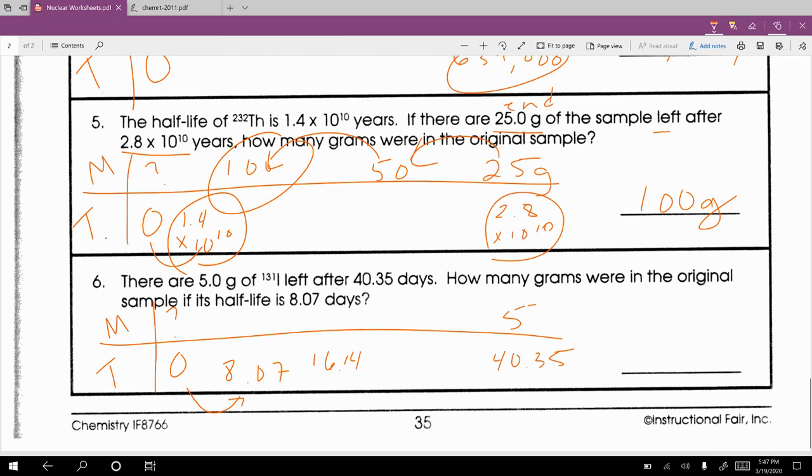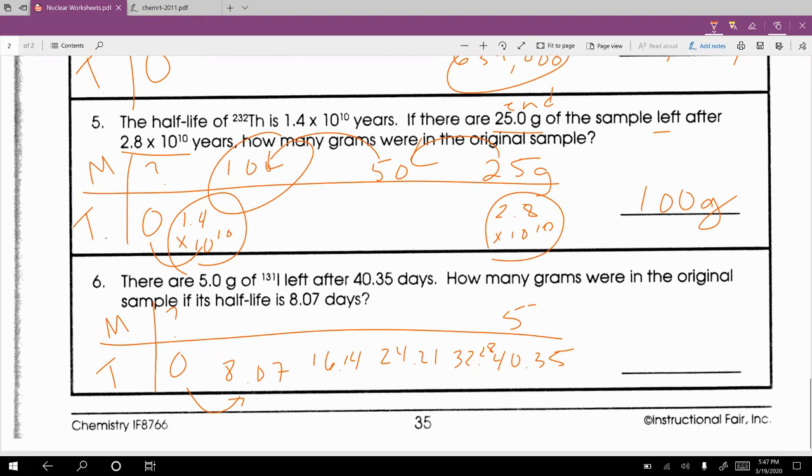No. So I'm going to add another 8.07, and that's going to be 24.21. Am I at 40.35? Nope. So I add another 8.07, and that brings me to 32.28. Am I at my end time of 40.35 yet?